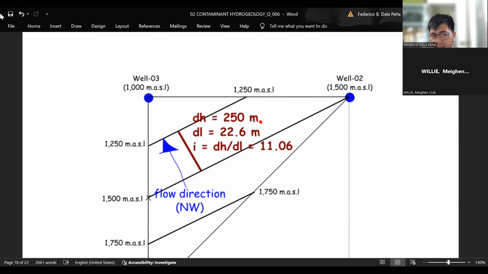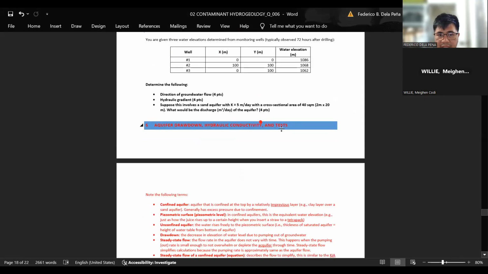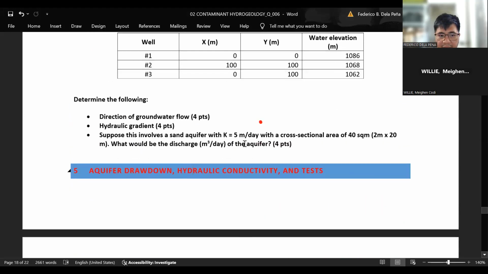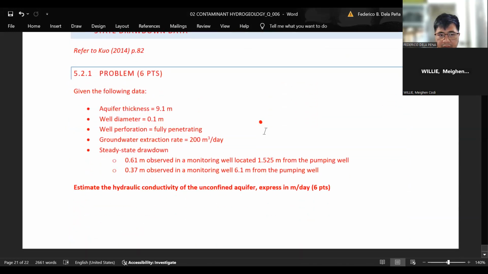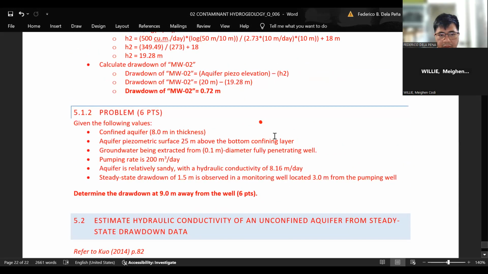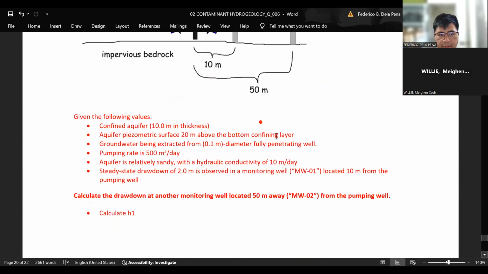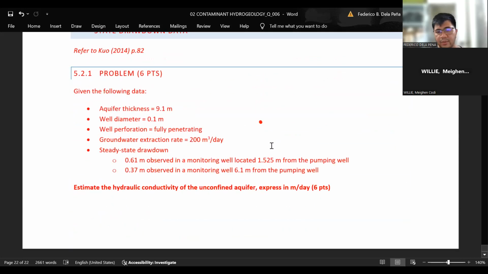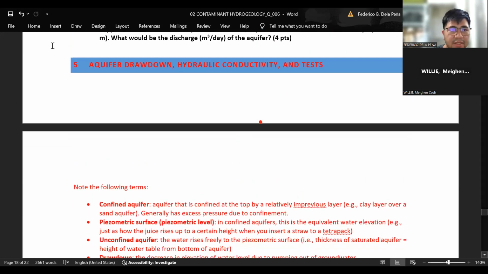Is that clear? Yes, sir. Clear. So this exercise will now be worth less, so I will have to reduce the maximum score by 12 points.